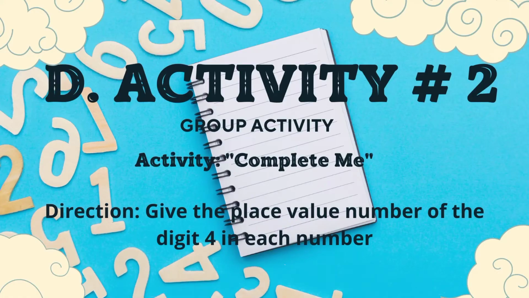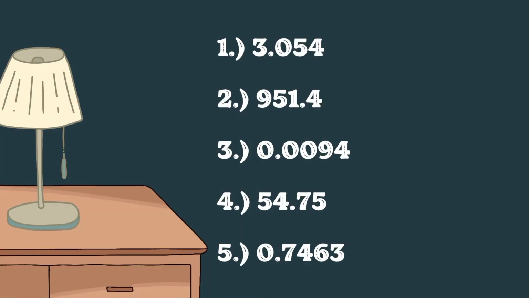For the first activity, the direction is: give the place value of the digit 4 in each number. Number 1, we have 3.054. Number 2, we have 951.4. Number 3, we have 0.0094.